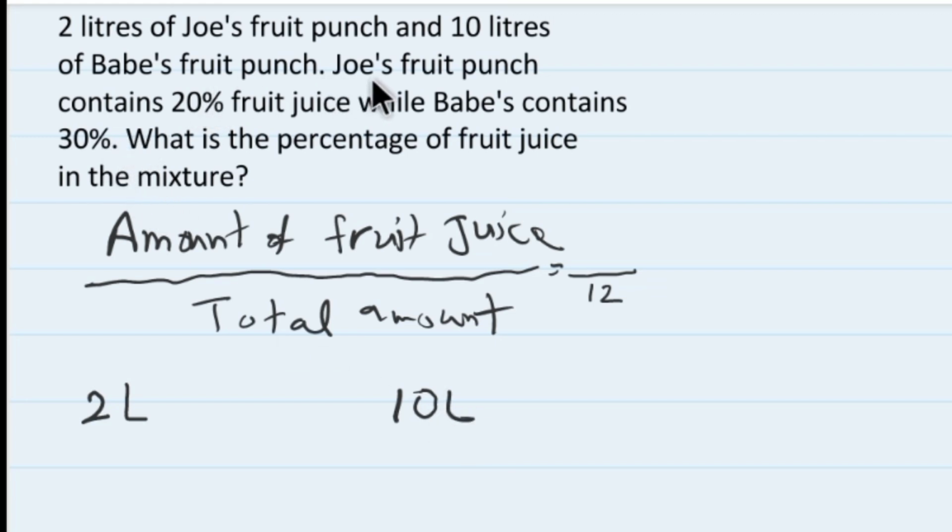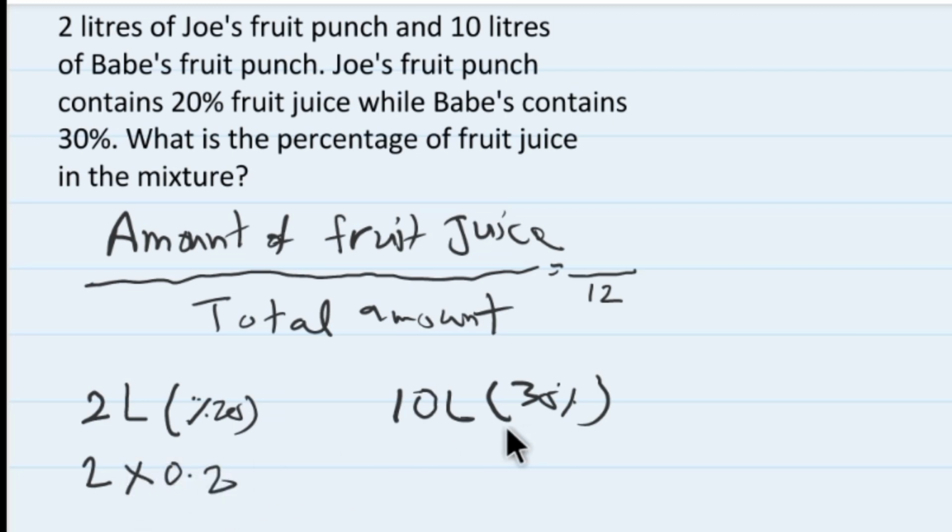Now, Joy's fruit punch contains 20% fruit juice, while Babe's contains 30% fruit juice. Now, what is 20% of 2 liters? To find it, we will multiply 2 by 0.2. And what is 30% of 10 liters? We will multiply 10 by 0.3.